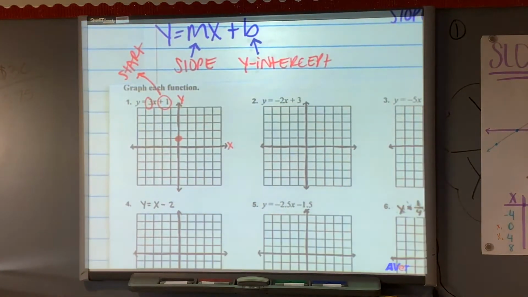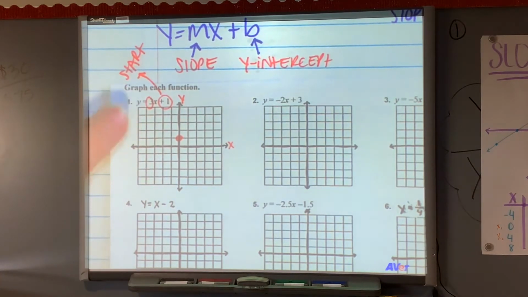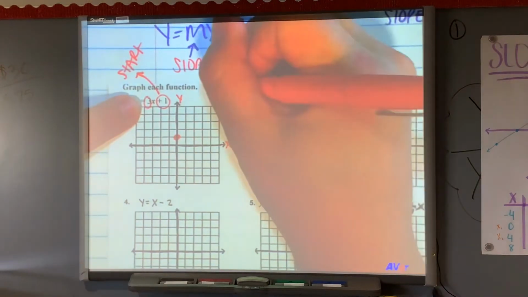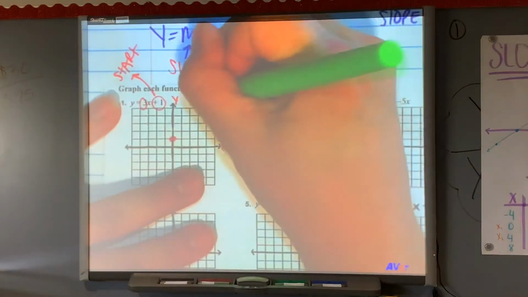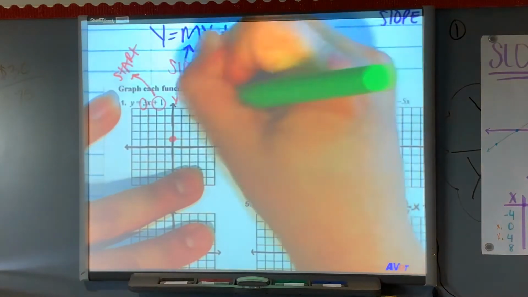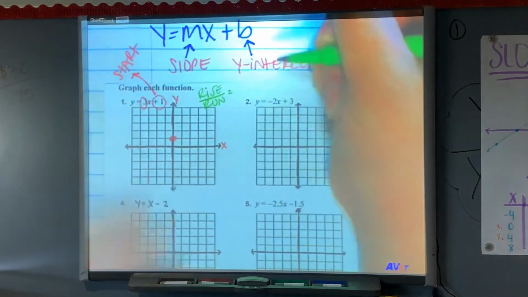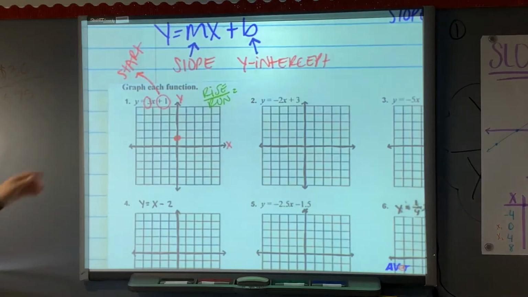And then from the 1, I am going to use the number next to the slope to tell me how to move. So since my slope says 3, I use that slope to tell me how to move so that I can put a new dot. I know that slope is rise over run. Just going to make some notes here to the side for myself. If slope is rise over run, I have a plain 3.